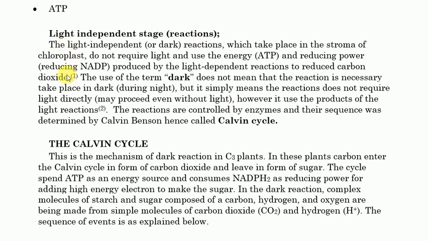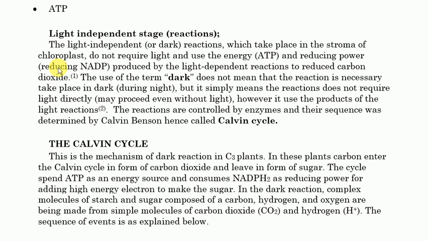So the light independent or dark reactions take place in the stroma of the chloroplast. That is the site for the dark reactions, and they do not require light, and use energy, that is ATP, and reducing power from reduced NADP produced by the light dependent reaction to reduce carbon dioxide.